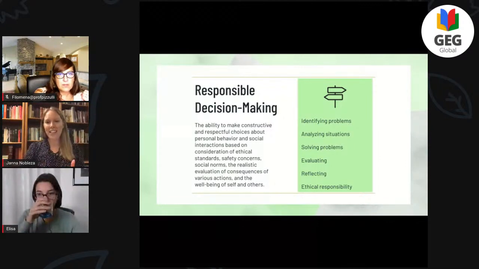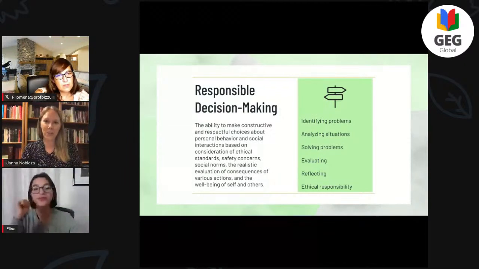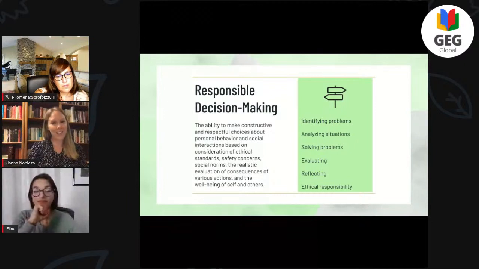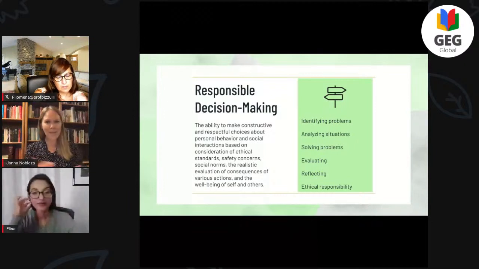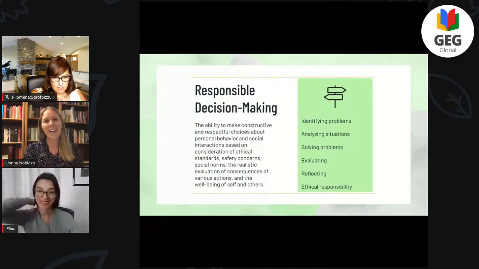And so the idea of mindfulness and mindful breathing is great for self-management, which then translates to responsible decision making, which of course you can probably tell from the competency title is about making good decisions.